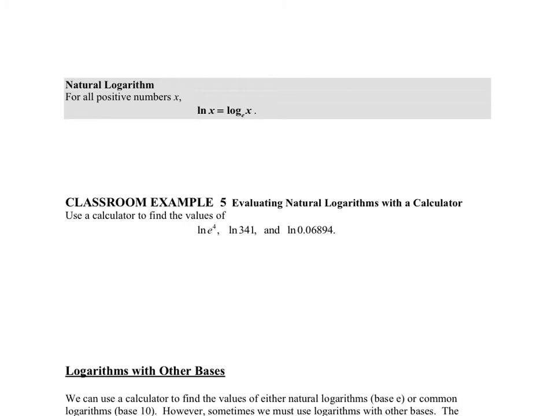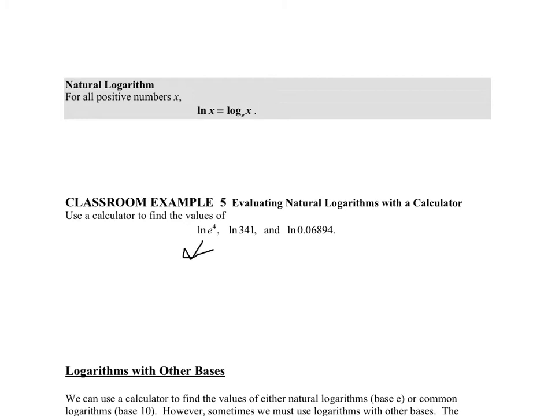I want you to notice these will be different values because the base is different now. This is not saying 10 raised to what power gives me this number, but this is saying e to what power gives me this number. And so here's what you would see. The first one, I really wouldn't even need the calculator in order to simplify as long as I remember those properties we learned before.